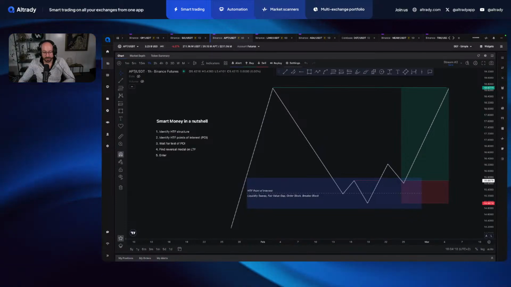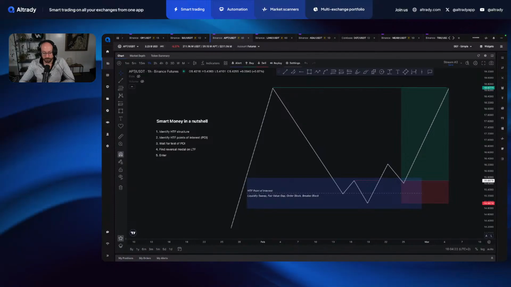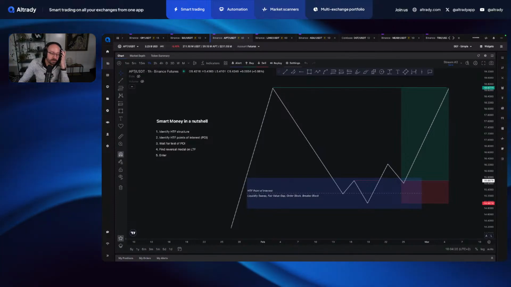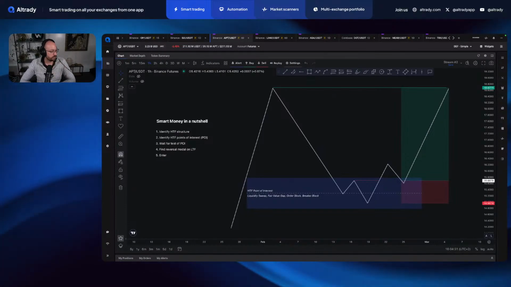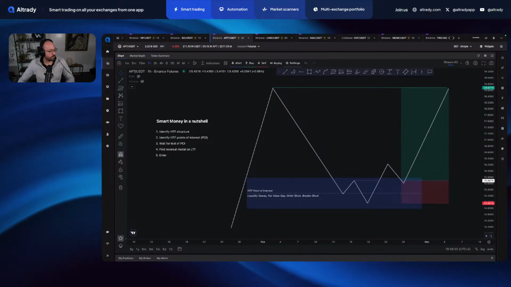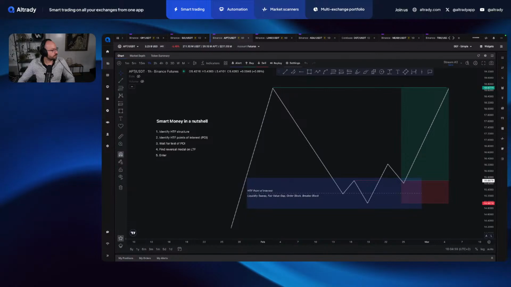Good. So, what are we going to talk about today, Roman? Yeah, so today I want to show you one of the basics of smart money. It is a topic about how to define the swing points. And this will help us much later on in the later lessons.